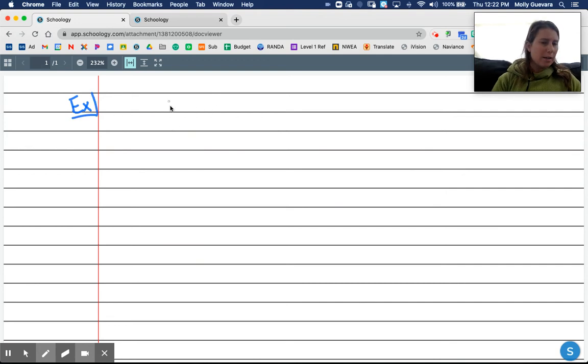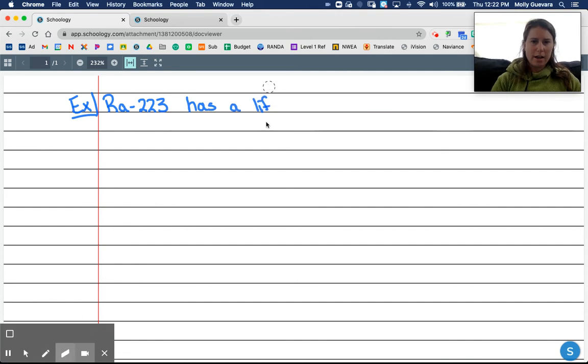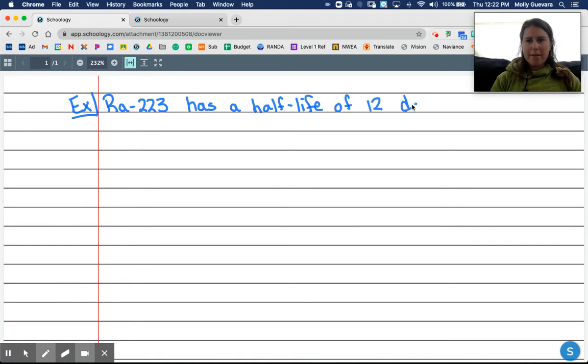Okay, so our first example, radium-223 has a half-life of 12 days. That means every 12 days, the amount of radium-223 that you have decreases by half. Okay?